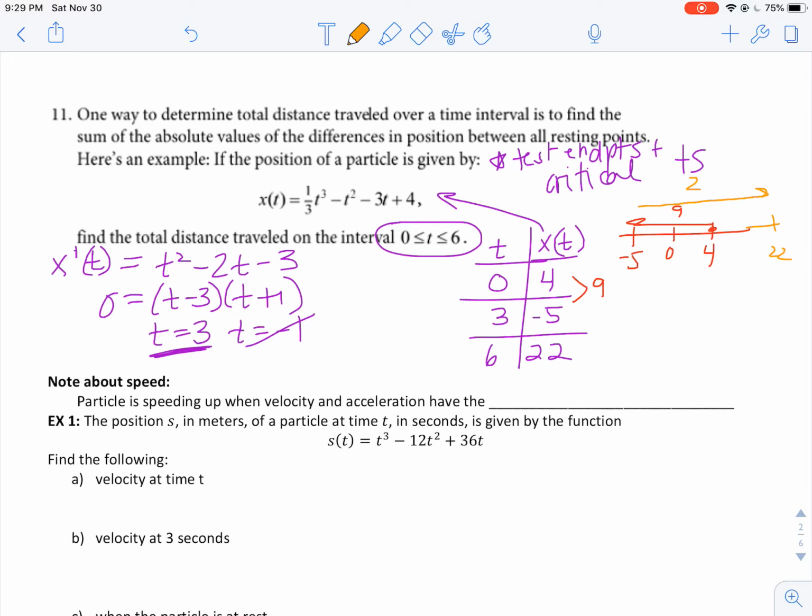So that's 27 units, going from -5 to 22. So the total distance this particle has traveled, you're just going to add up the 9 and the 27. And that will be 36 units.